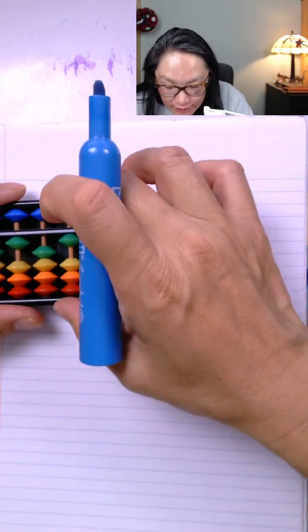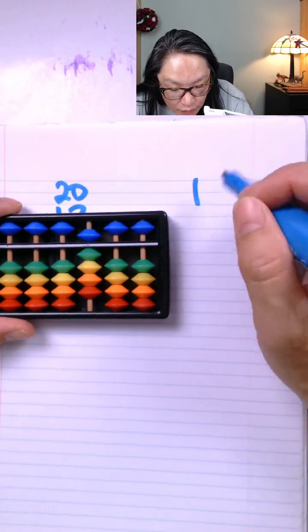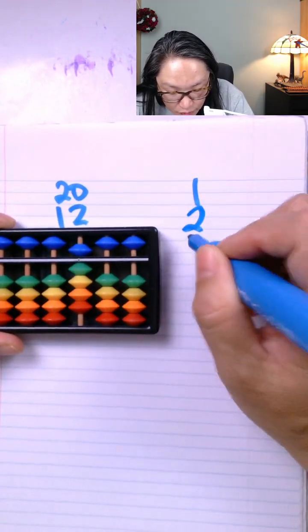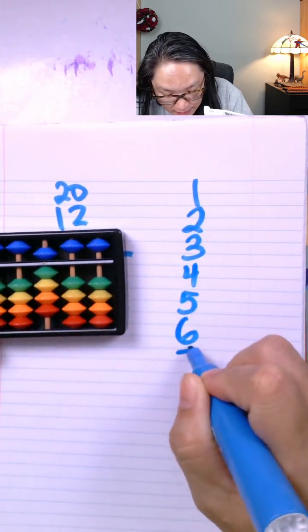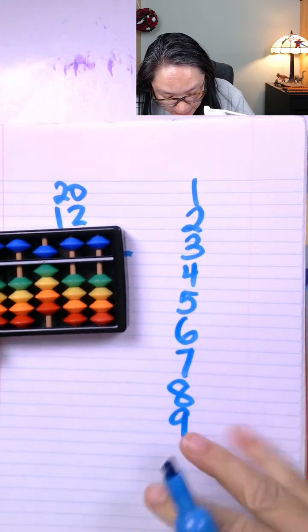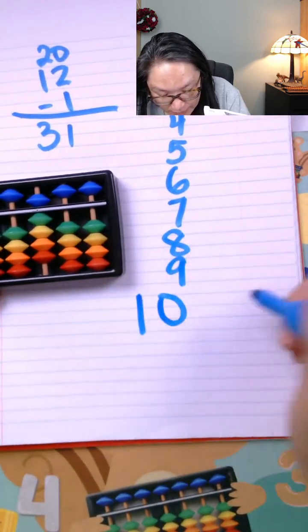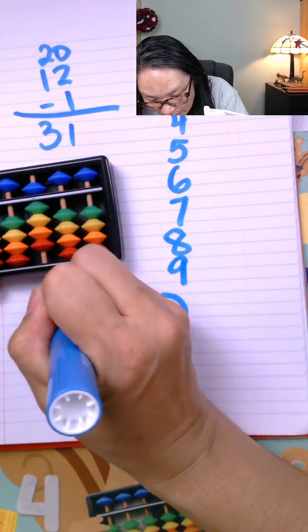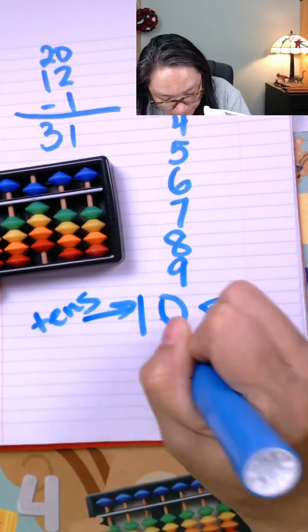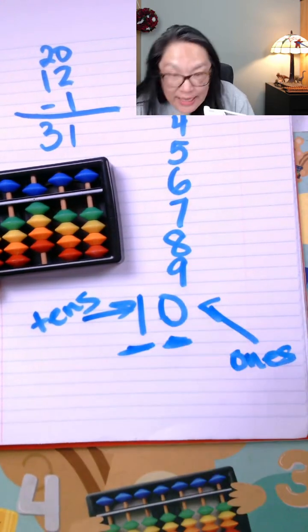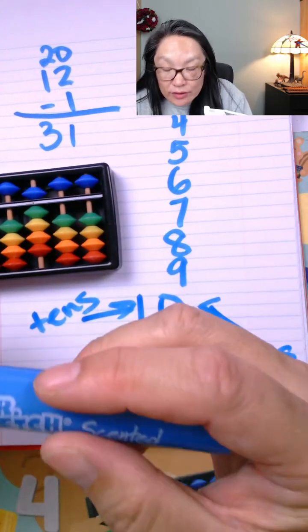Thank you, Jeffers. Every number is a 9, just how we write it. We have 2, 3, 4, 5, 6, 7, 8, 9, and then we have 10. 10 is our tens and our ones. Tens, ones, just the same thing with the place value.